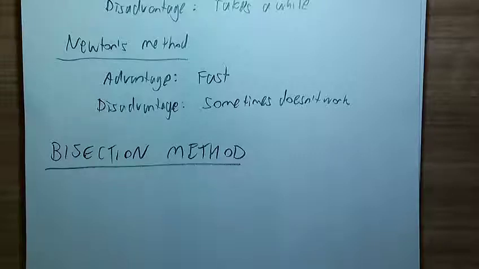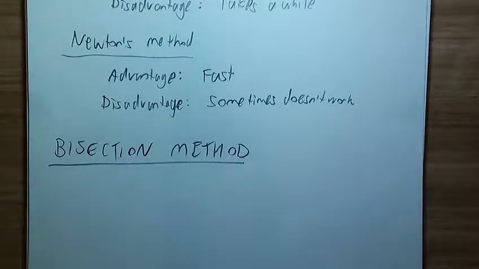So that's basically it. You just keep cutting it in half and seeing which half it's in based on whether it crosses the axis in that zone. So best to do with an example.